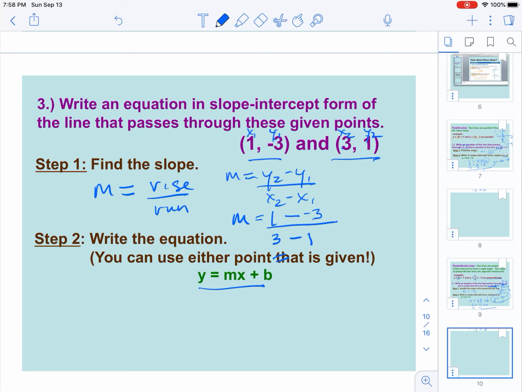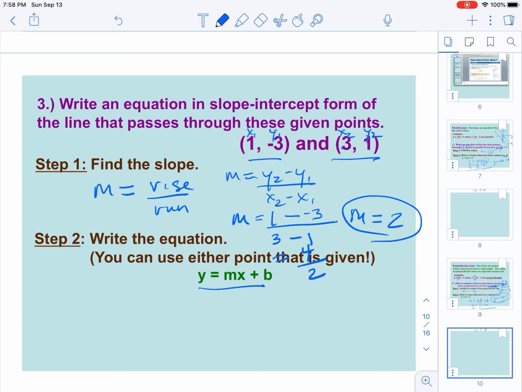When I simplify that, 1 minus a negative 3 is like 1 plus 3, so I get 4 in the numerator. 3 minus 1 is 2. So what I end up with for the slope ends up being 4 over 2, or 2.